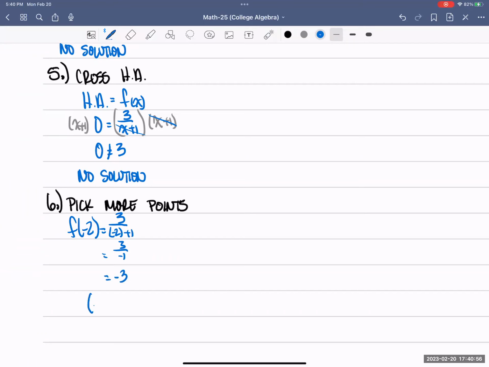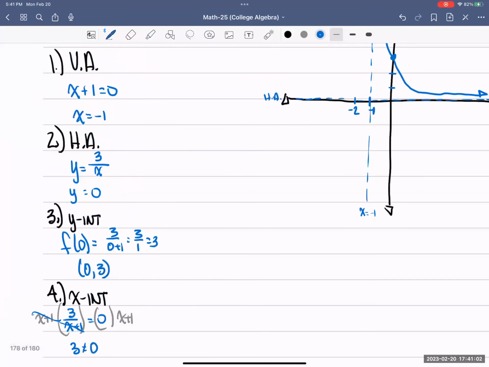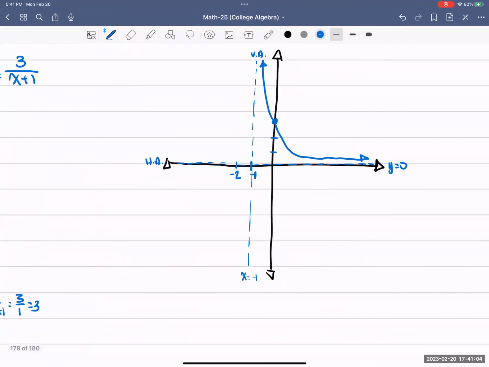We have the point when x is -2, y is -3. So we come over here, -2, we have -1, 2, and 3. And there we go. We know that our graph has to do something like this over towards this asymptote, and something like this over at this asymptote.